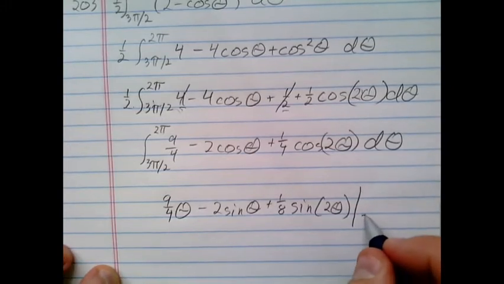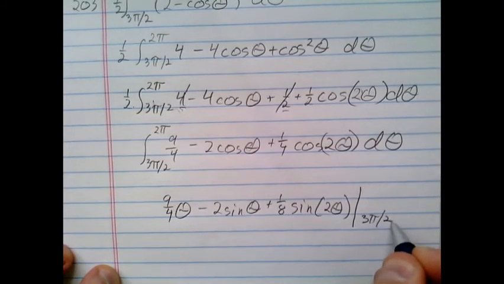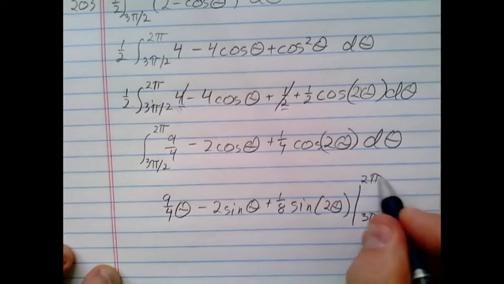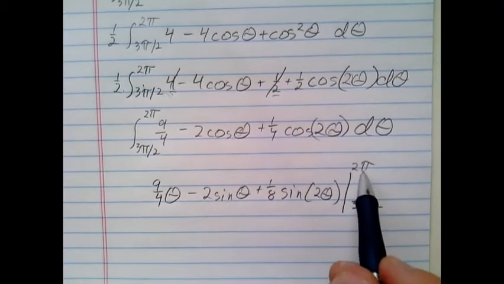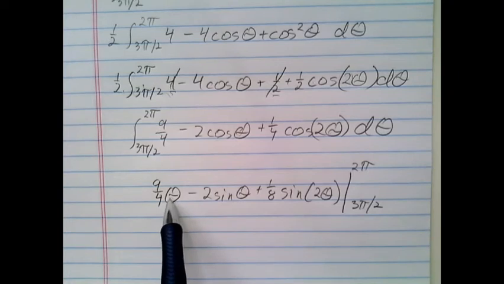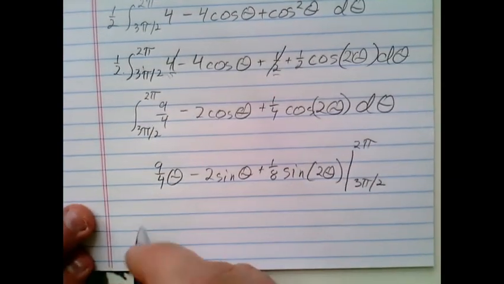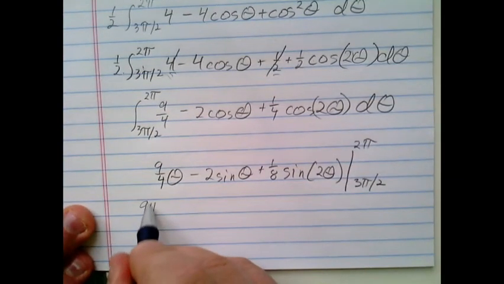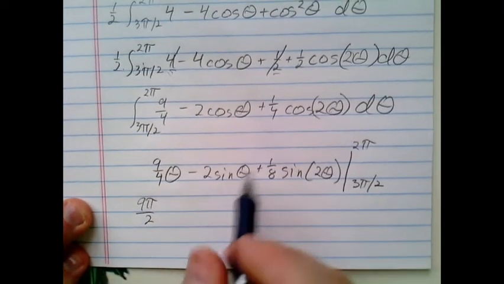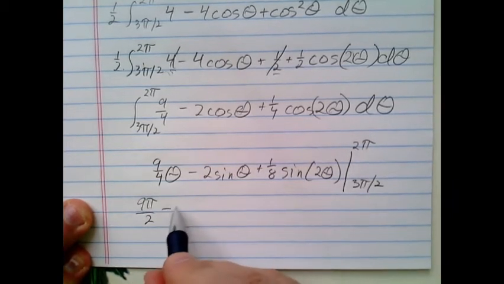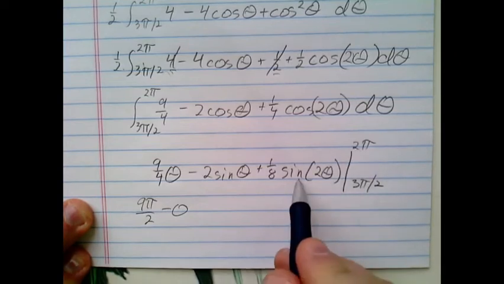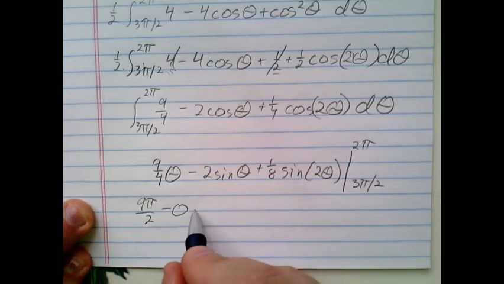And we've got to evaluate from 3 pi over 2 to 2 pi. When I take 2 pi and plug it in here, that 2 cancels with the 4, and I get a 9 pi over 2. And when I put 2 pi in here, sine of 2 pi is 0. And likewise, when I put it there, I'm going to get a 0.